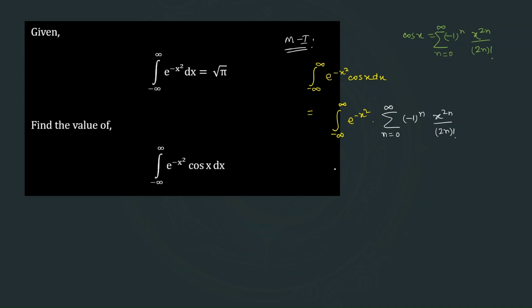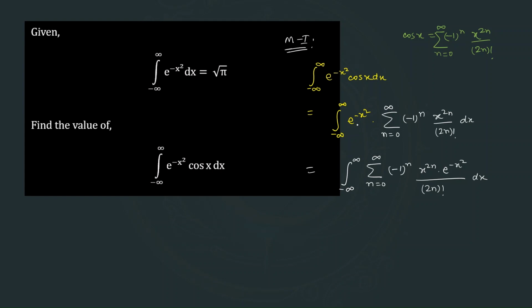Now, the interesting thing is that we can write this as the integral from minus infinity to infinity of the summation n equal to 0 to infinity, minus 1 whole to the power n, x to the power 2n times e to the power minus x square divided by 2n factorial, dx. Why could we write this?